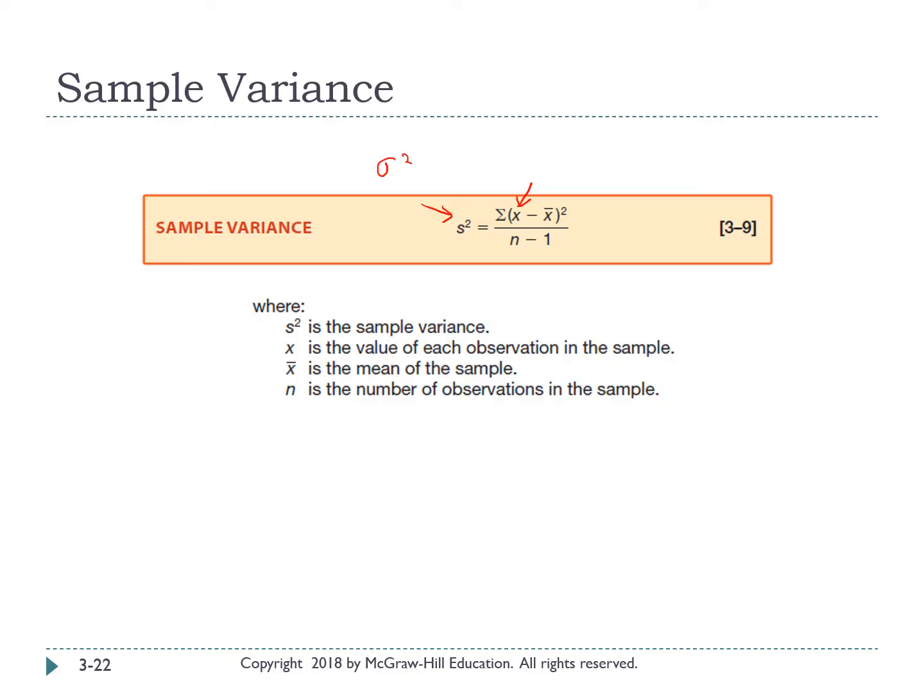But because we are talking about sample variance, you have to use the sample mean, which is x bar, squared, over small n, for sample, minus 1. In the formula for population variance, you don't have this minus 1, but for the sample variance, you have to subtract 1. So this is just the formula.